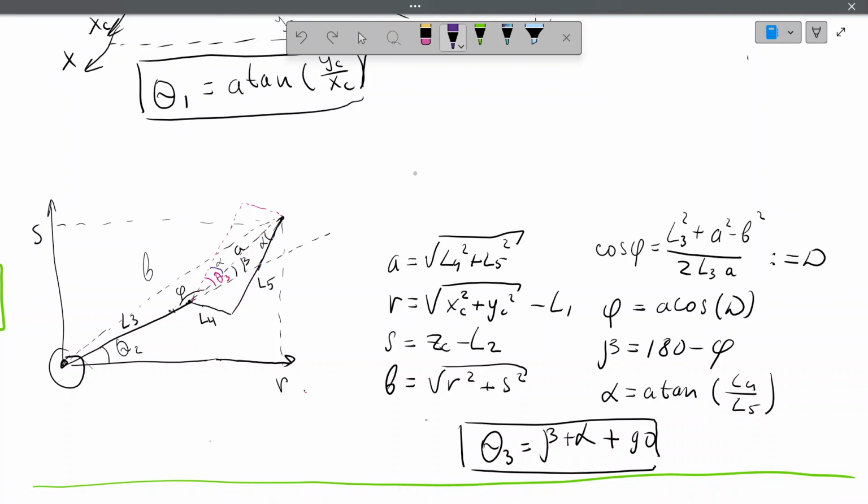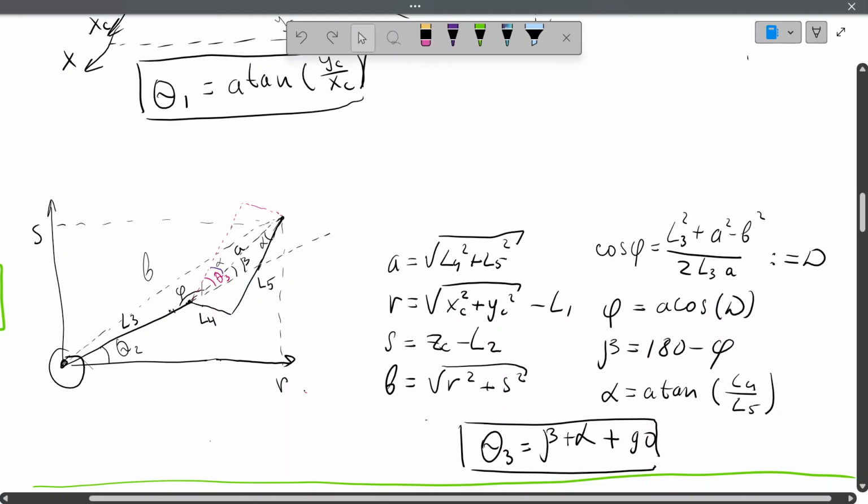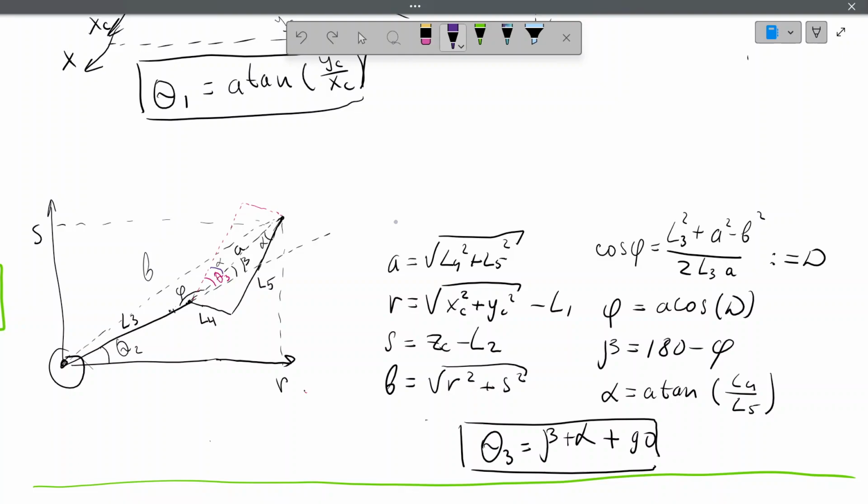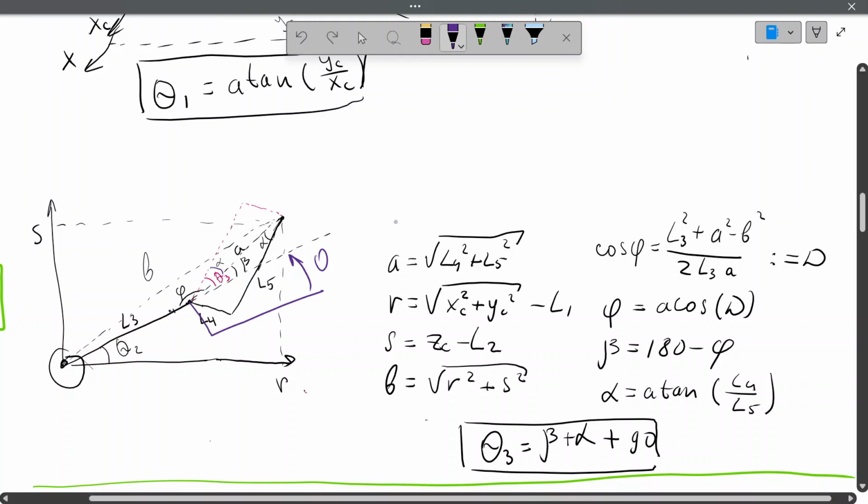Next, let's see what theta 3 is. So here it will be beta plus alpha plus 90. Here theta 3 is this angle. Firstly we have the straight line configuration. So here, for example, if we have zero theta 3 angle, it will look this way. If we rotate it, we will have the theta 3 angle.